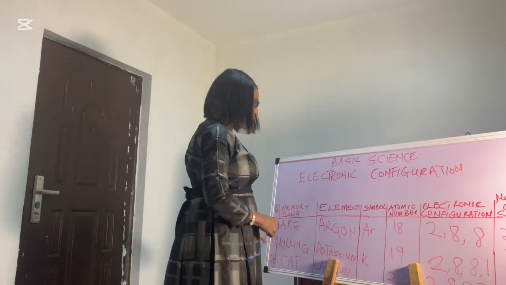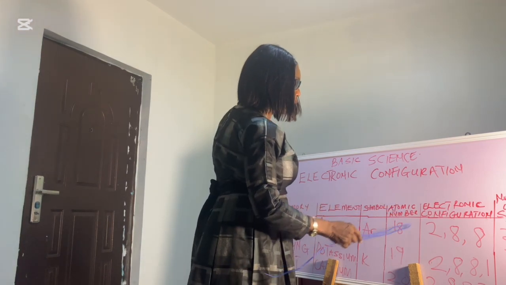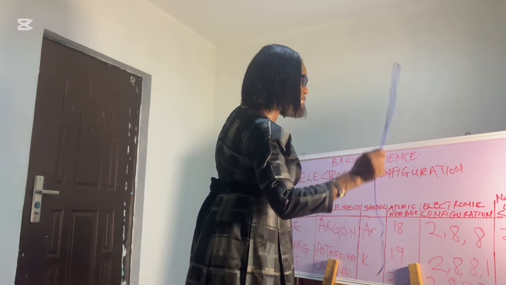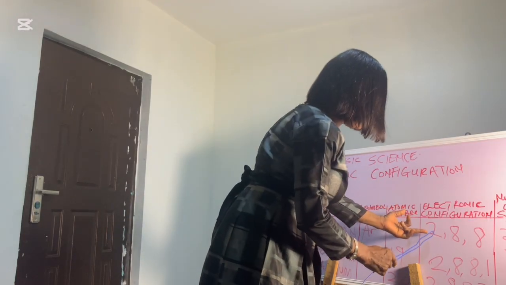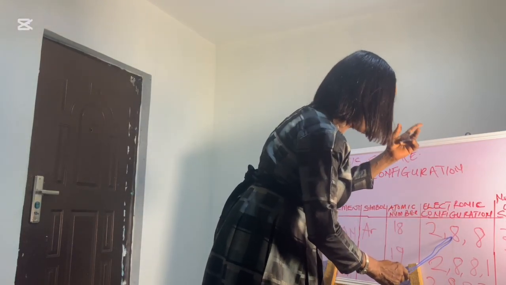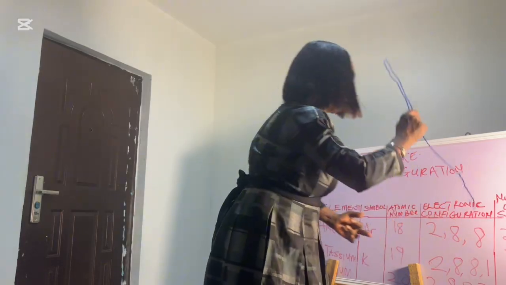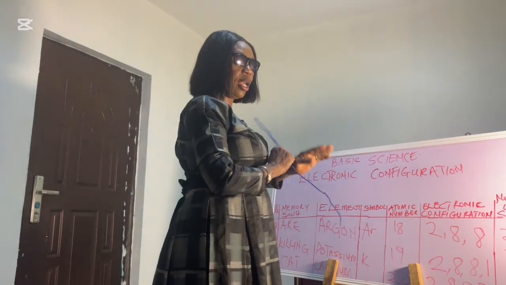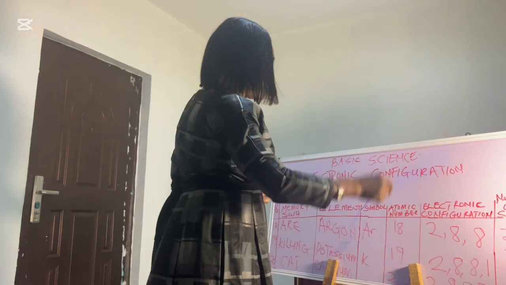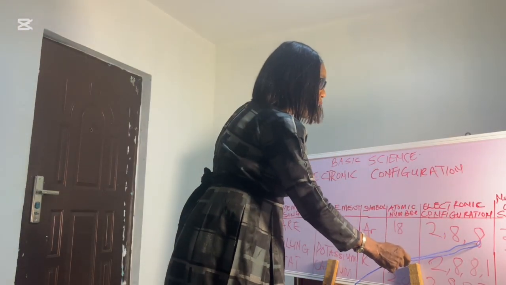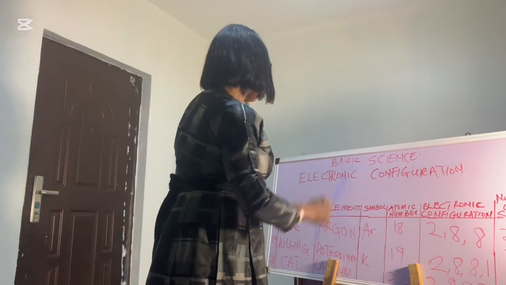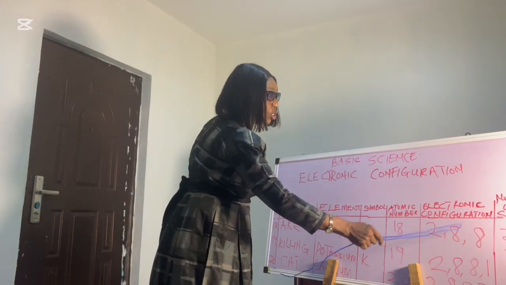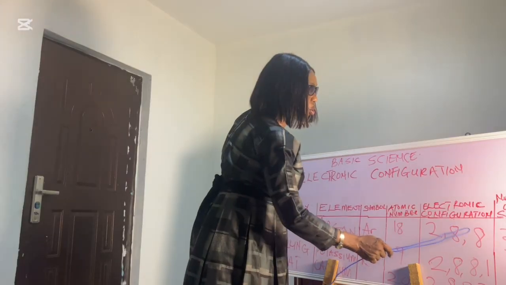Since it's number 18, the atomic number is 18. The number of electrons is also 18. Then the electronic configuration is now going to be: the innermost shell will take 2, the next shell will take 8 according to the rule. Then the next shell will take 8, and that is all. This one cannot take more than 8 because the rule says so. So 2, 8, 8. Our number of shells is 1, 2, 3. 3.